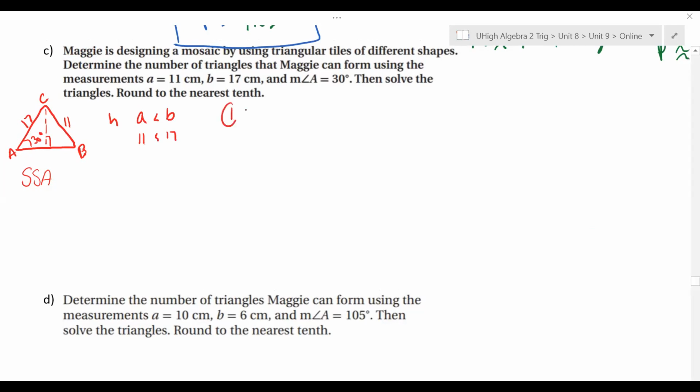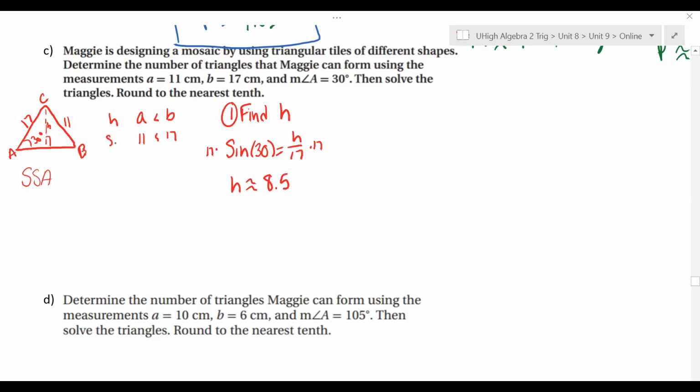So that's the first thing we're going to do, is find H. If this is our value of H, I can say that the sine of A equals H over 17. I can multiply both sides by 17 and find that H is approximately 8.5.